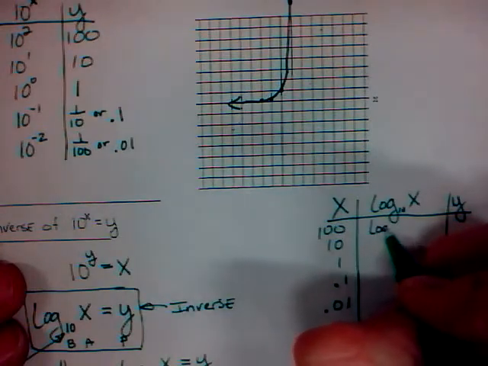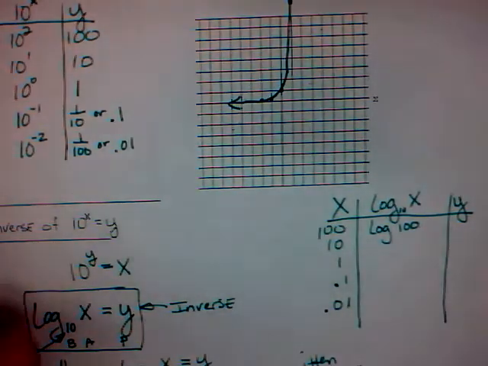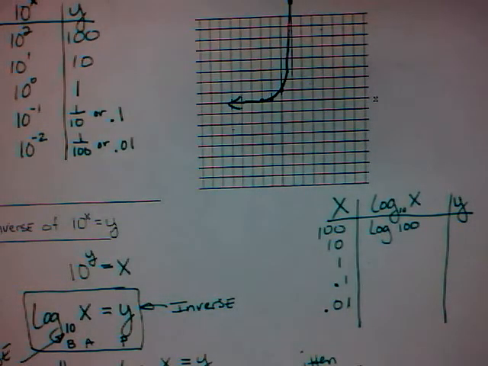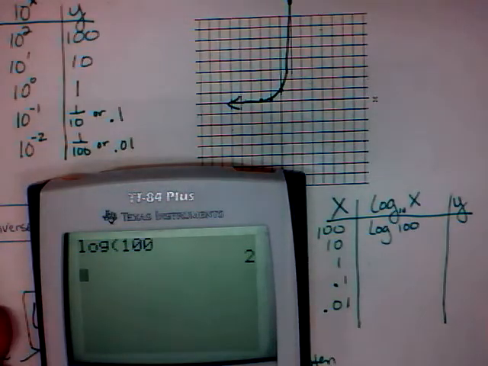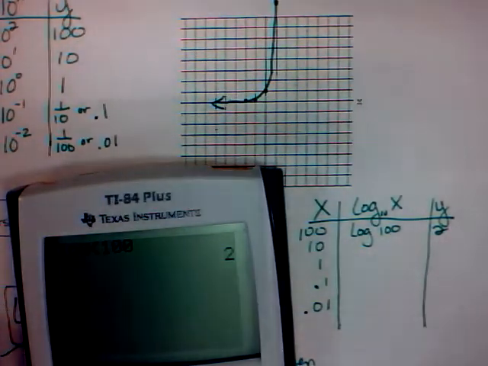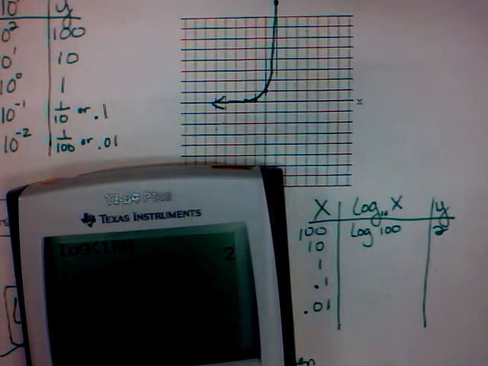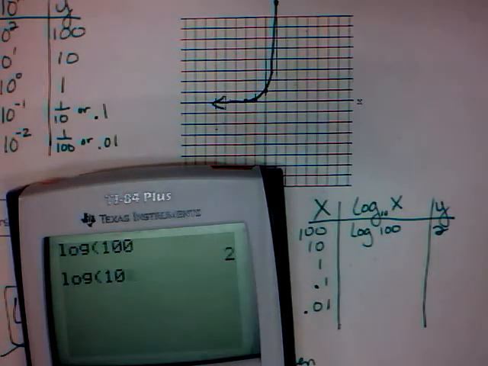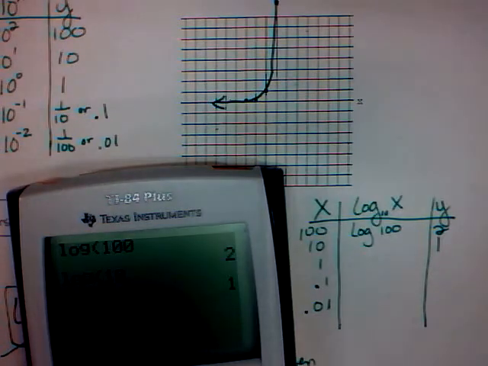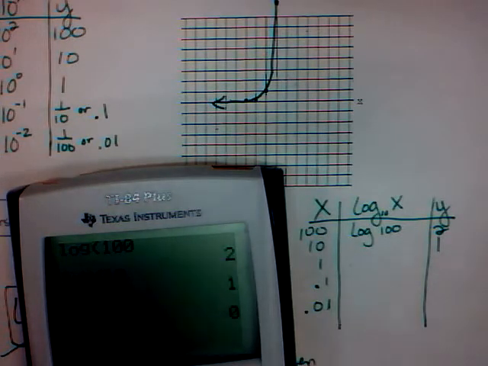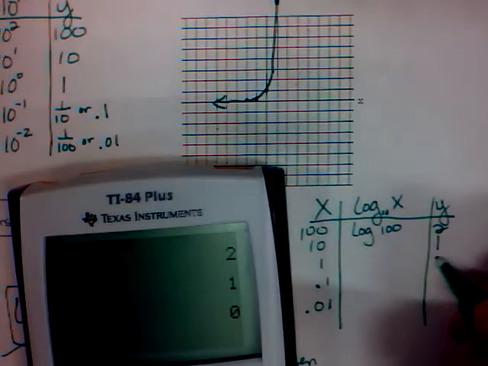So let's do log of 100. We can do that right on our calculator. Let's clear that out. Log of 100, hit enter, and you get 2. If we do log of 10, you get 1. If we do log of 1, you get 0.